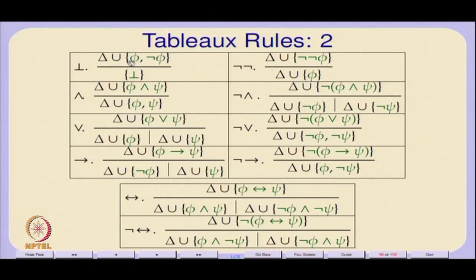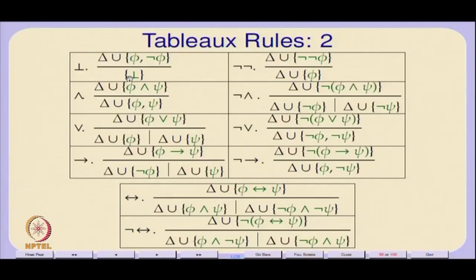So, instead of using atoms p and not p, I am saying that you just look at the patterns of the formulae. If you find one pattern which is a negation of the other in that set of formulae, then that set of formulae is essentially inconsistent, and therefore that entire branch of that tableau can be closed with this bottom, right.